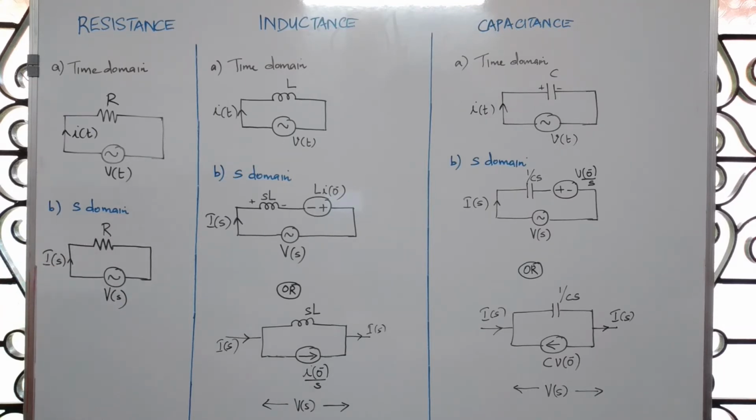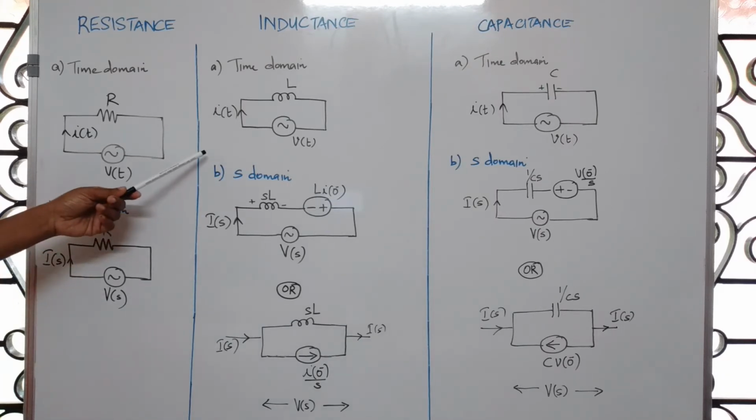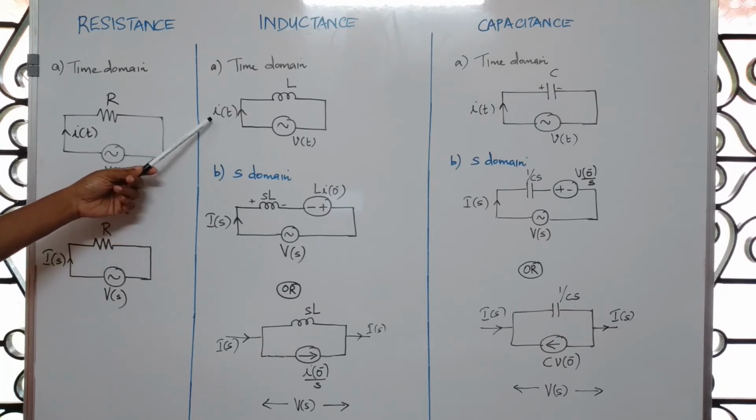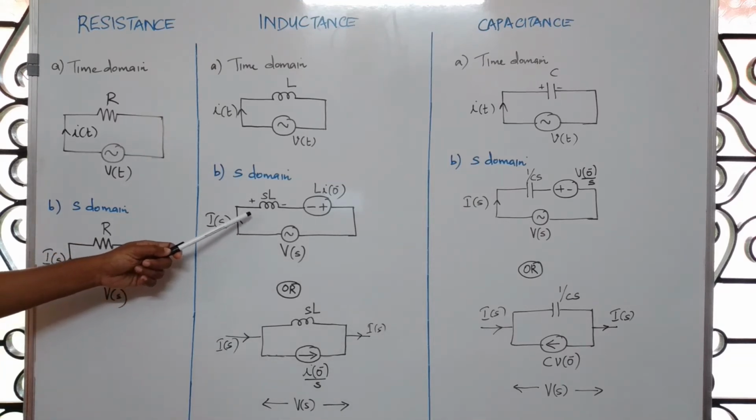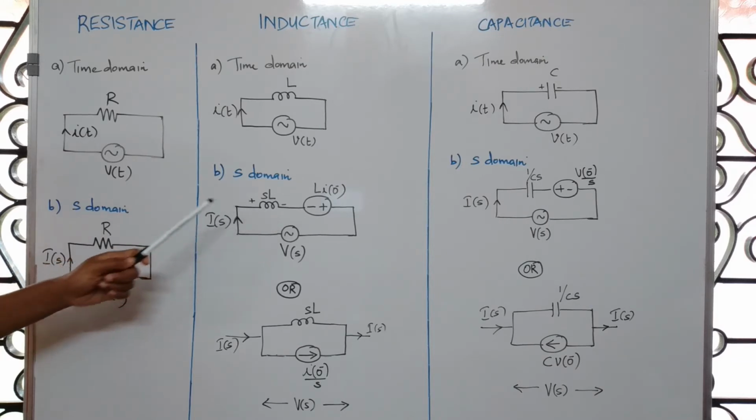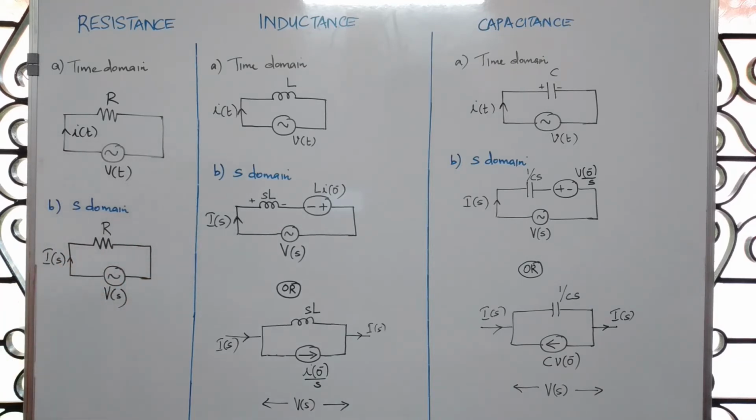Now the second is inductance. Inductance in time domain, we have applied a voltage v(t) across an inductor L, resulting in a current i(t). And in S domain, it will be an inductor in series with a voltage source if there is an initial condition.